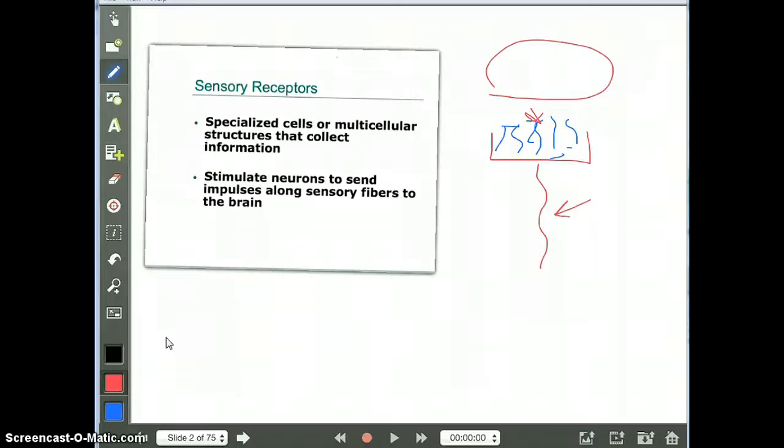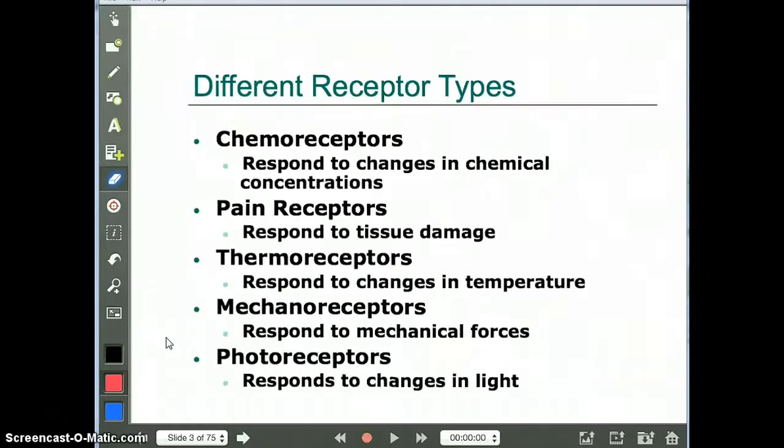Remember they're going to reach what's called the threshold. That's one of the things we talked about in the nervous system, the threshold stimulus. What amount of a particular stimulus do we need before this impulse is actually going to be reached? Let's actually move our way on.